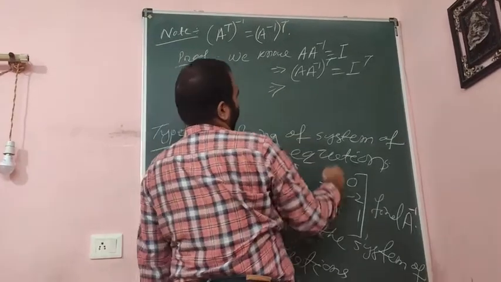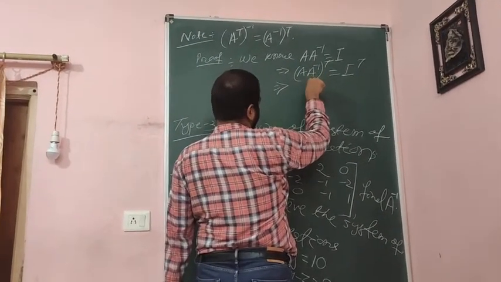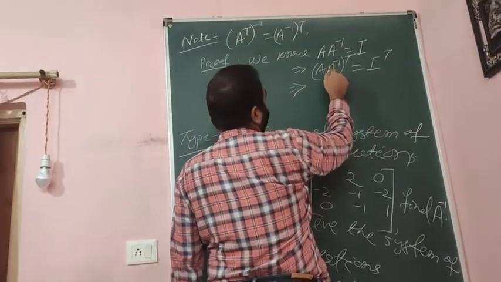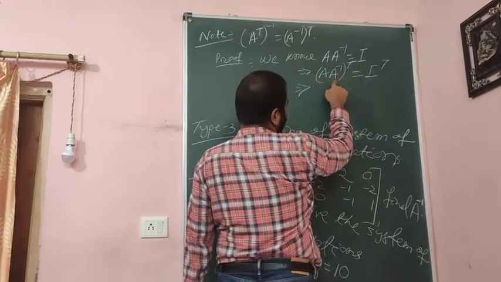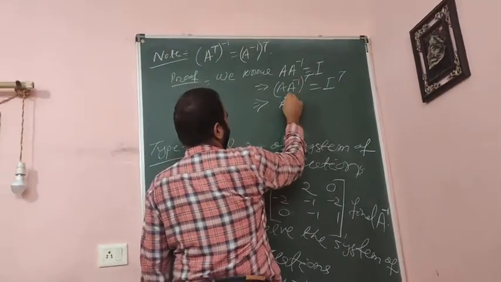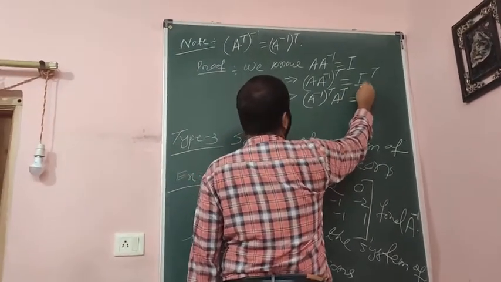But you know the transpose of a product is the product of the transposes in reverse order. Meaning you can write A inverse whole transpose into A transpose equals I transpose, which is the same as I.